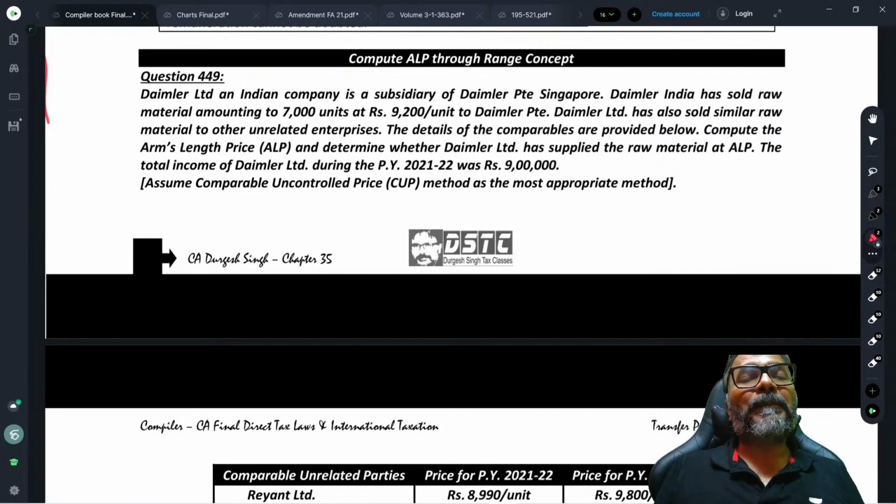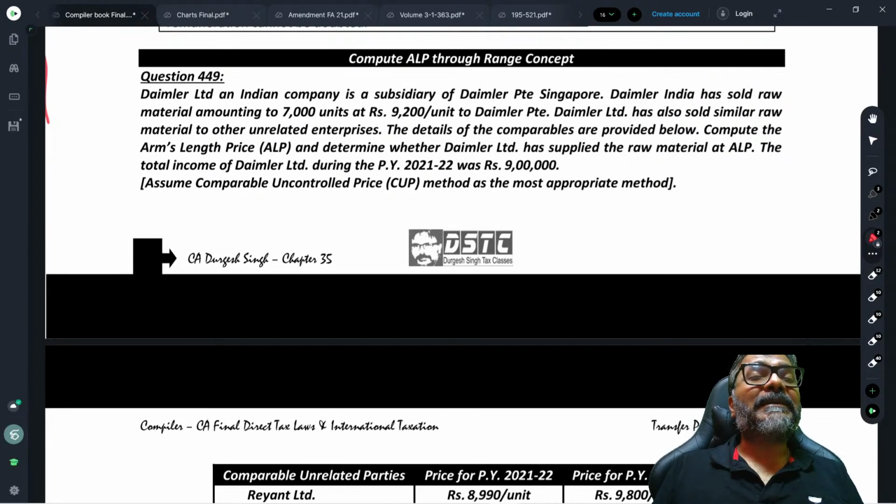Now students, if supposedly the comparable uncontrolled transactions which are available with you are 6 or more, in that particular case, what is that we will say?